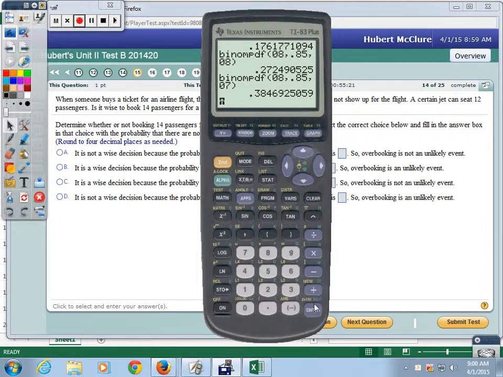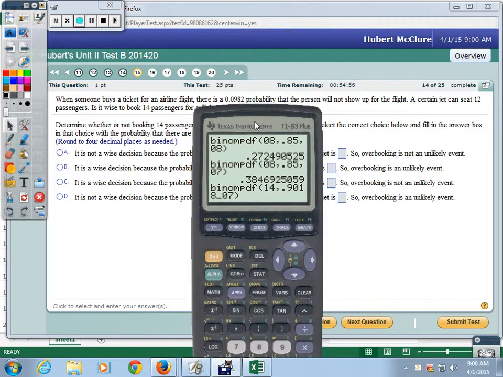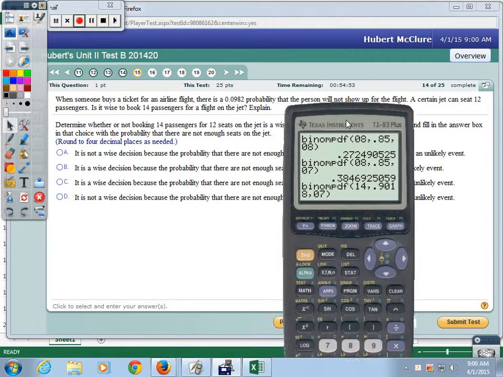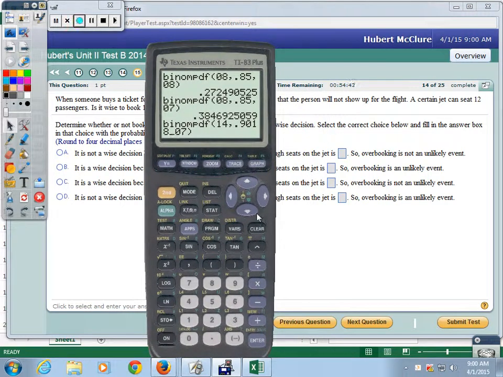Second function, enter. 14. 0.9018, because this is the probability that the person will not show up. 0.9018 and 14 or 13.